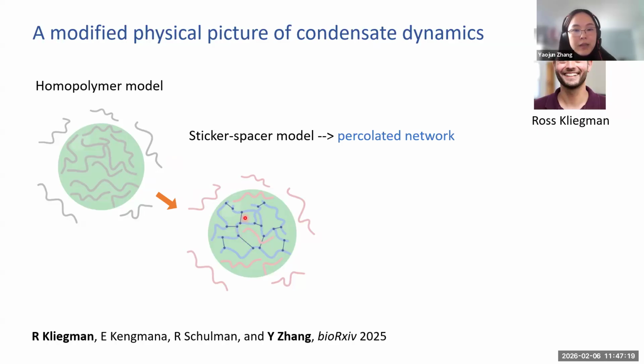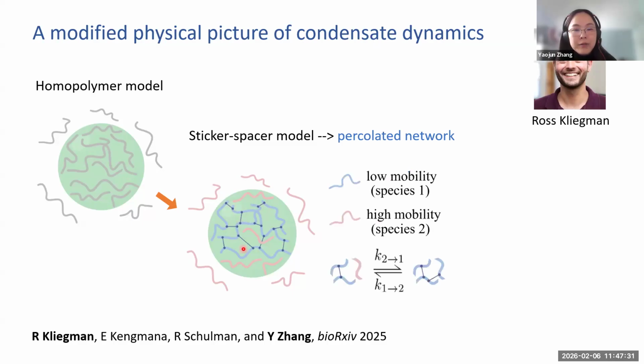And DNA nanostars are almost perfect sticker-spacer polymers, so we should expect a percolated network inside the DNA nanostar condensate. So in the modified picture, attachment and detachment of molecules to and from the percolating network intuitively gives two different mobility populations within the condensate, right?